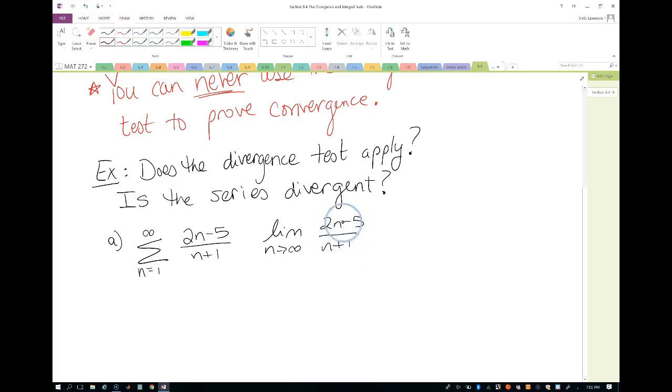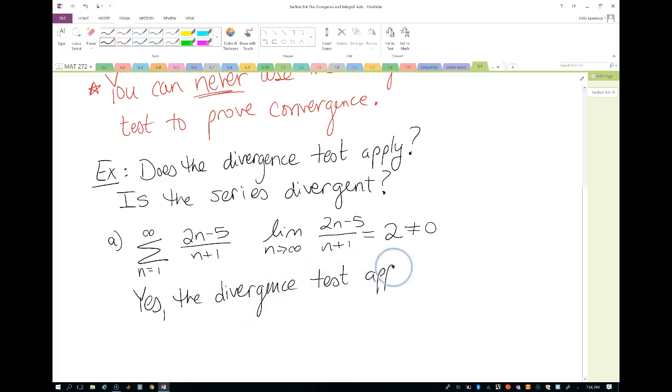Well, because the degrees of our numerator and denominator match, we can calculate this limit using our leading coefficients, which are 2 and 1. 2 divided by 1 is equal to 2, which is not 0. So yes, the divergence test applies. And the sum from n equals 1 to infinity of 2n minus 5 over n plus 1 is divergent.